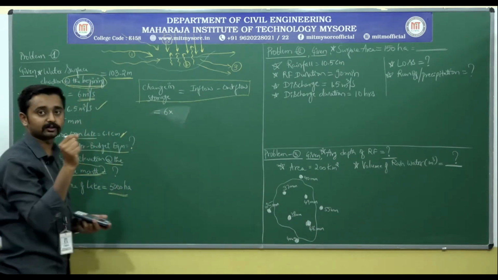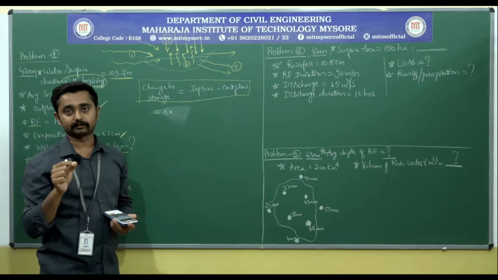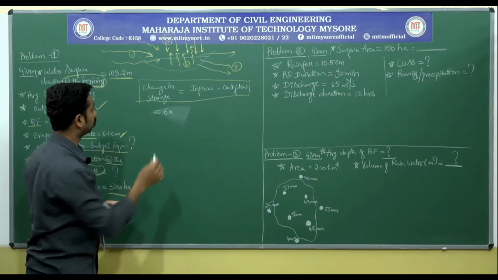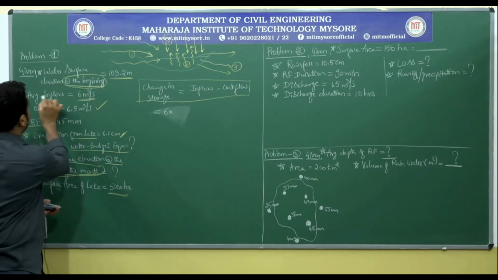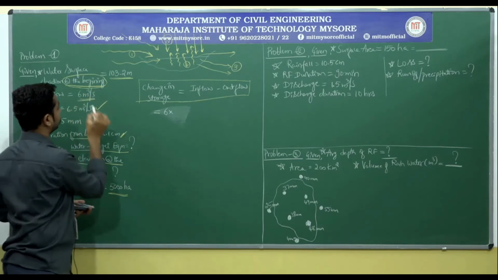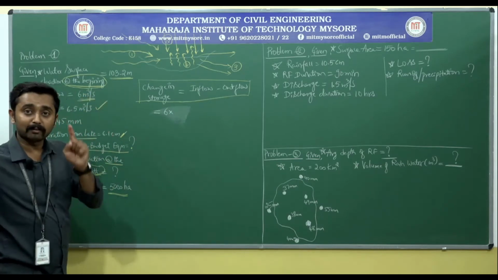They clearly mentioned it is for a particular month. So this average inflow of 6 meter cube per second is coming for a month.